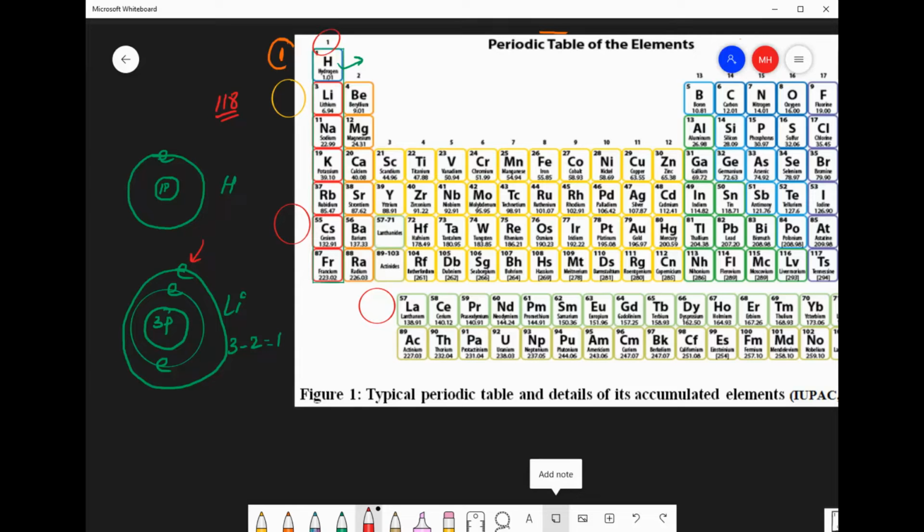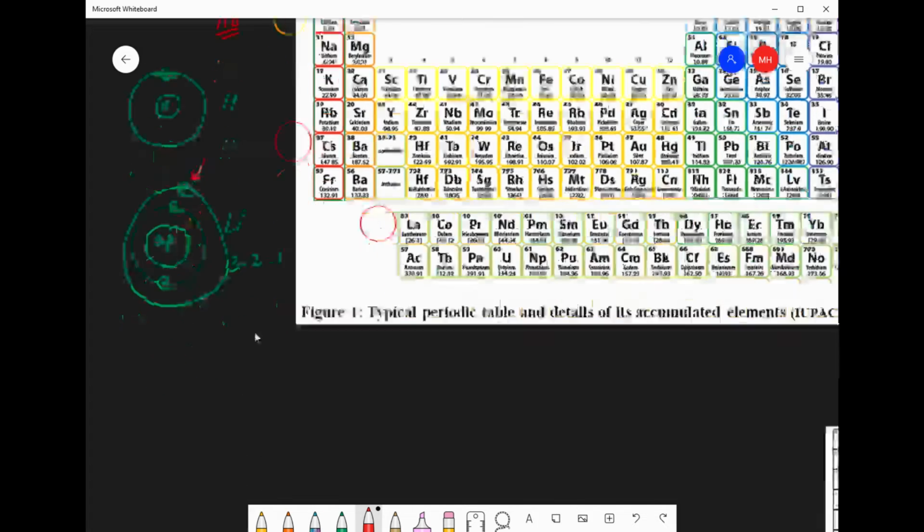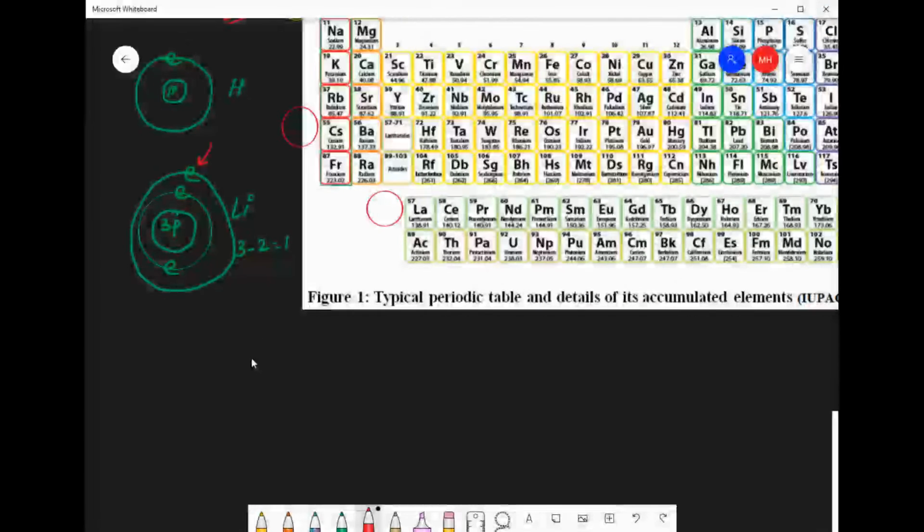In the same way, sodium belongs to group number one, so sodium will also have just one electron in the last shell. If I draw the structure of sodium in front of you, I will prove it. Sodium is Na, it has 11 electrons, so 11 protons too. This is the nucleus. In the first shell, how many electrons can I accommodate? 2.